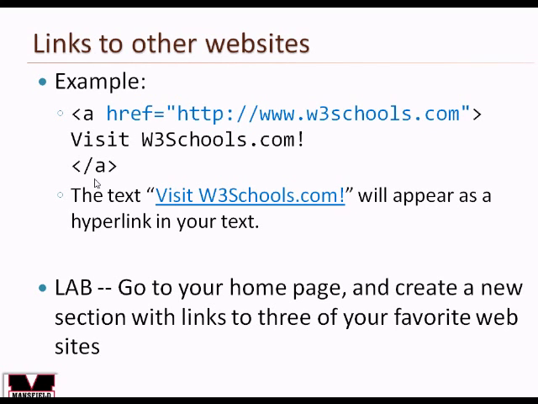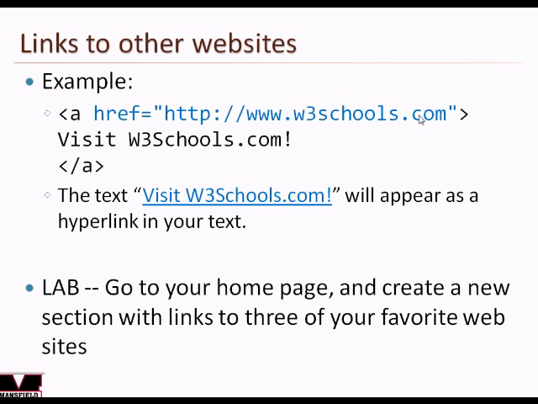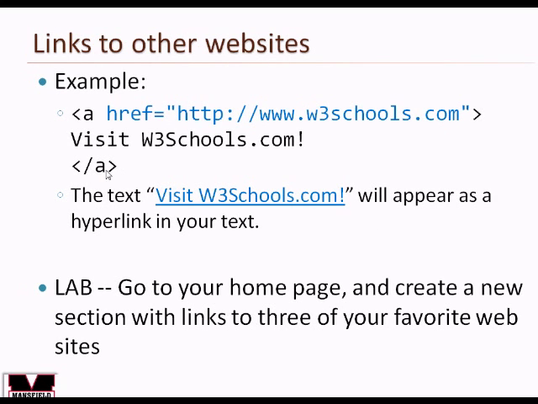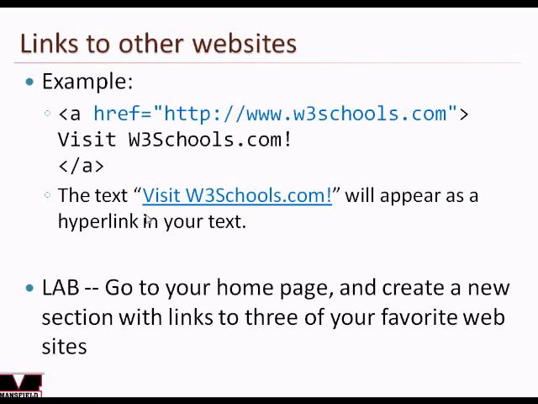What goes in between the opening tag and the closing tag? The content. What's the content here? Just text: Visit w3schools.com. As indicated here, the text Visit w3schools.com will appear as a hyperlink. Hyperlinks by default appear in browsers as blue text unless it's been visited already, then it appears as purple text.